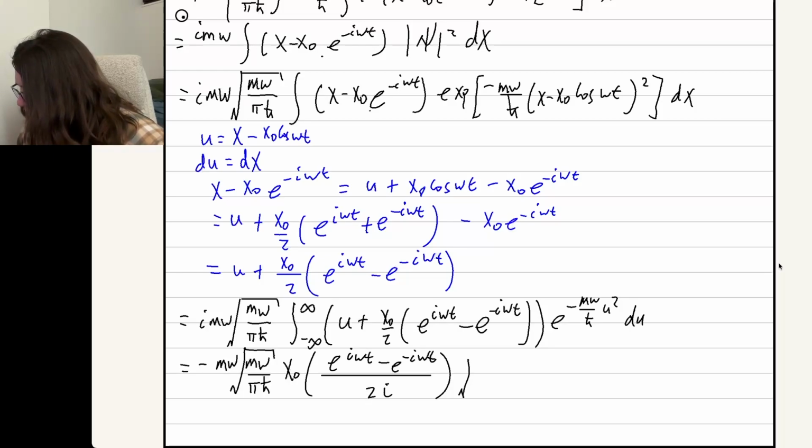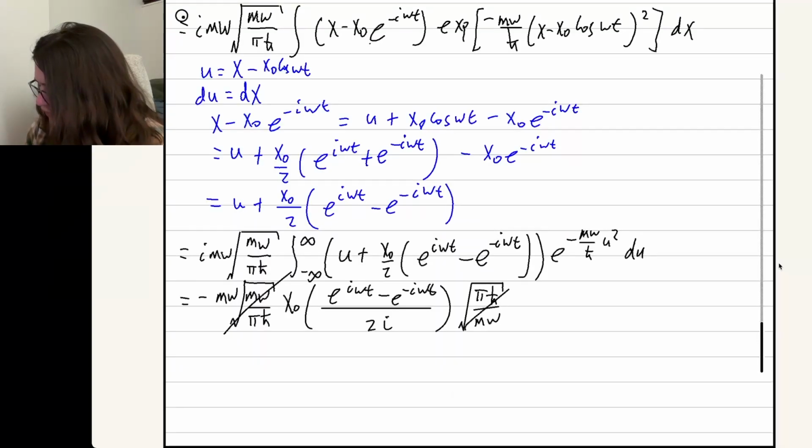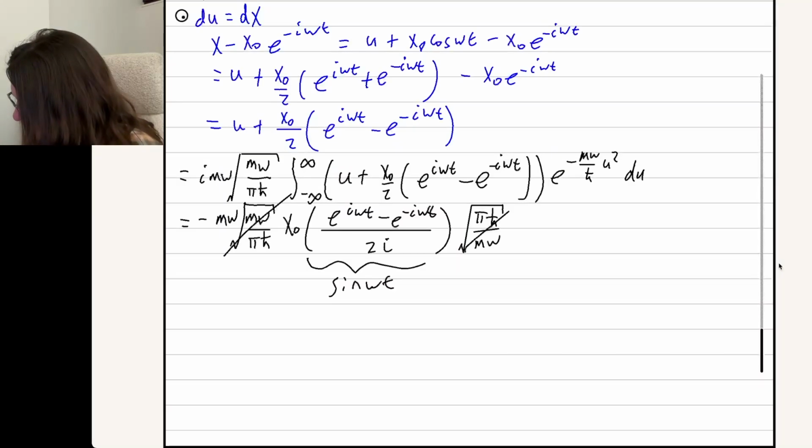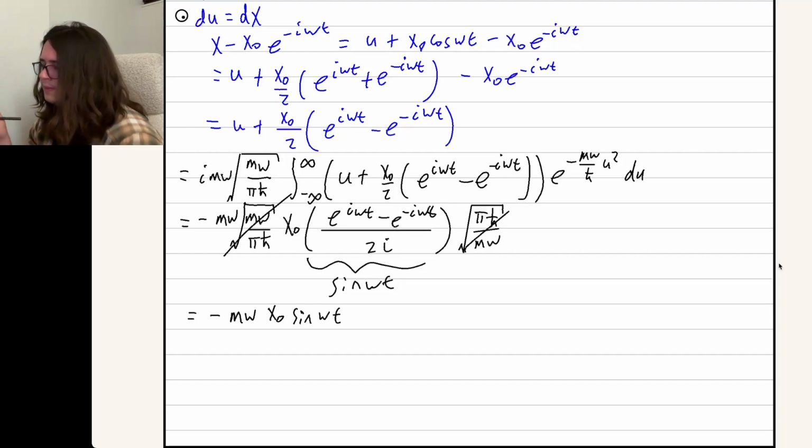And then the result of the integral is pi h bar over m omega. So the radicals cancel out again. And this is actually just the definition of sine omega t. That's why I wrote it that way. So we get minus m omega x naught sine omega t.